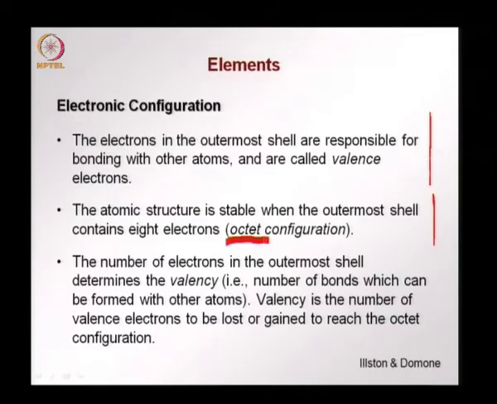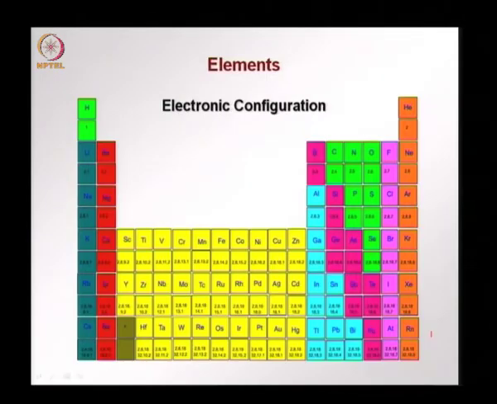So, the valency is the number of valence electrons that can be lost or gained to reach the octet configuration. And from the electronic configuration table, from the last number below each of these element symbols, you find the valence electrons, and therefore, you can find the valency of each of the atoms.